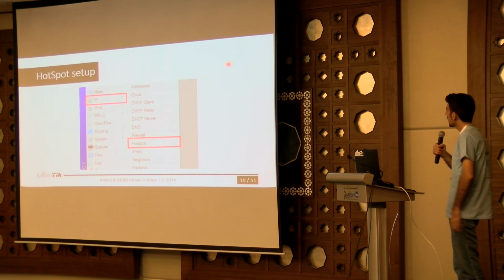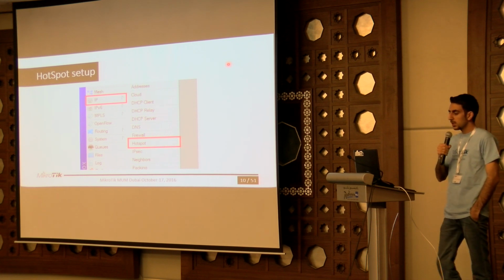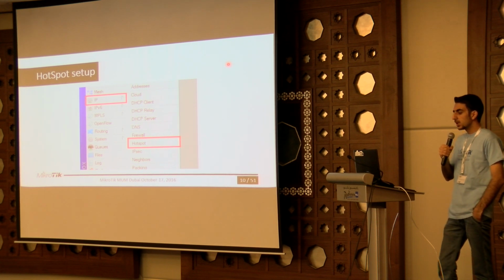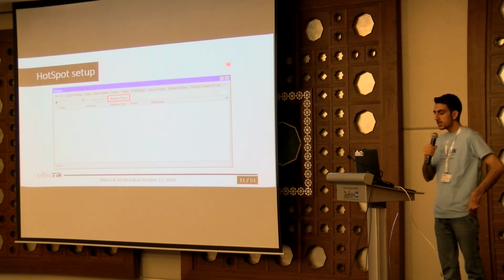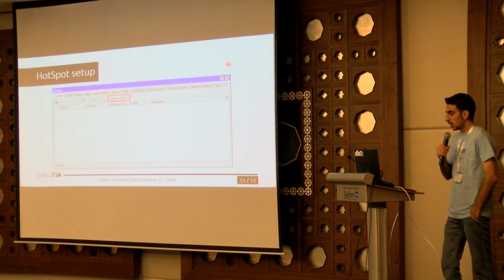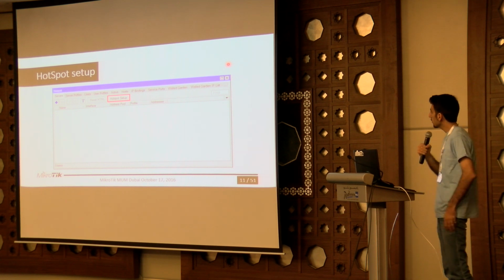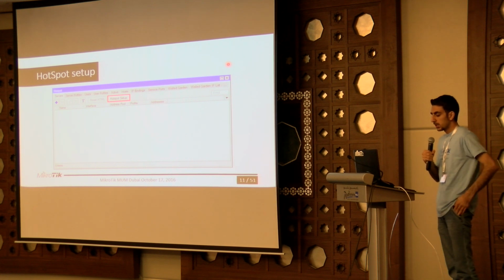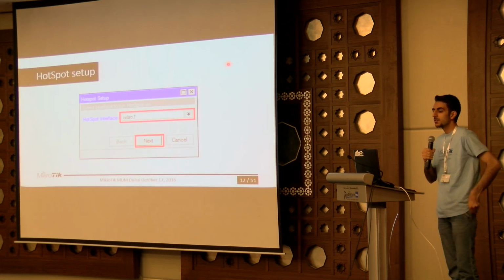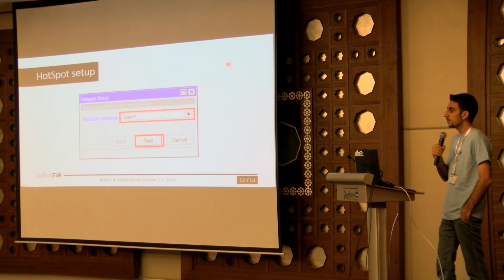Okay. Now, for starting the hotspot setup, we go to the IP menu and click on hotspot. After that, you can see the hotspot window. For hotspot setup, we click on the hotspot setup button, and after that, we see the hotspot setup wizard.